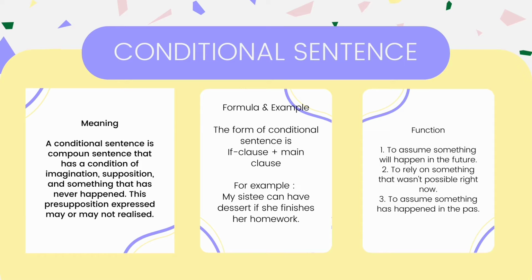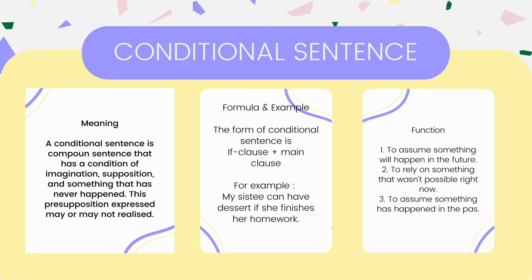In addition, the conditional sentence formula can also be reversed into a main clause plus if clause. For example, my sister can have dessert if she finishes her homework. The beginning of the sentence is the main clause and is followed by an if clause.